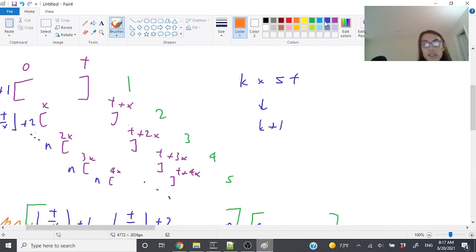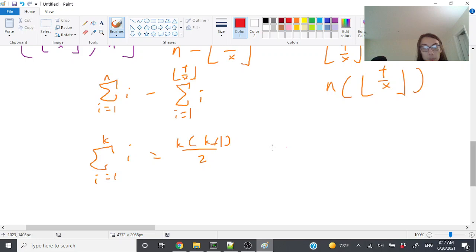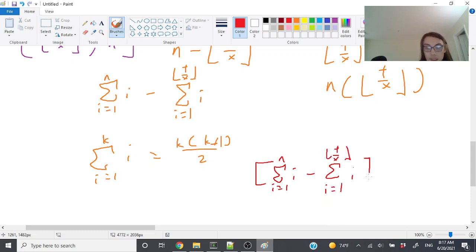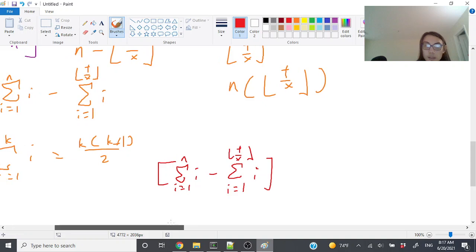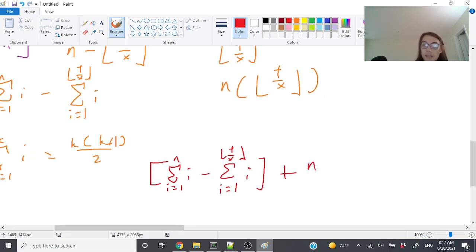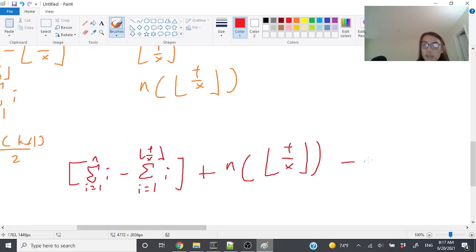Except there's a way we can simplify this formula. The reason is that this is also the sum from i equals 1 to n of i. So in the overall formula, we do the sum of the left values: the sum from i equals 1 to n of i, minus the sum from i equals 1 to floor(t/x) of i, plus this part, n times floor(t/x), and then minus the sum from i equals 1 to n of i.